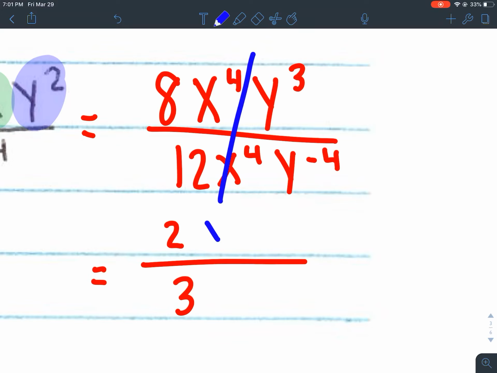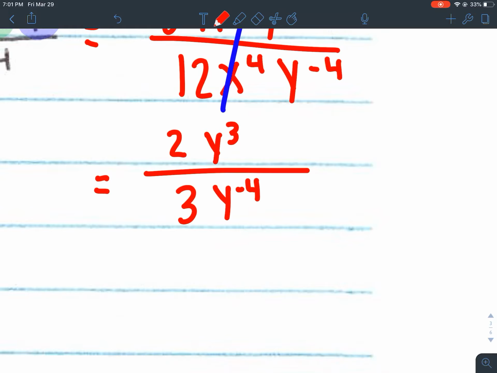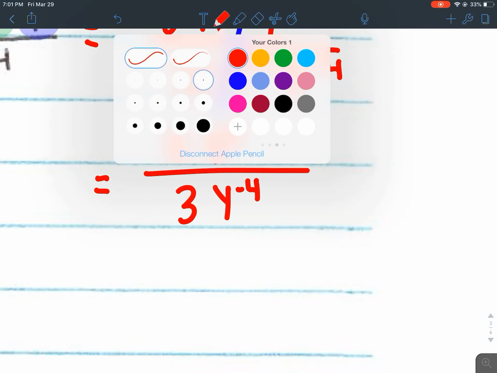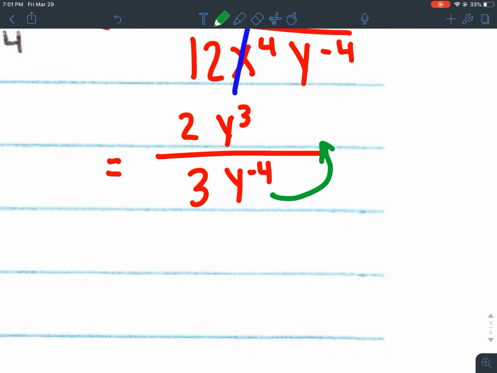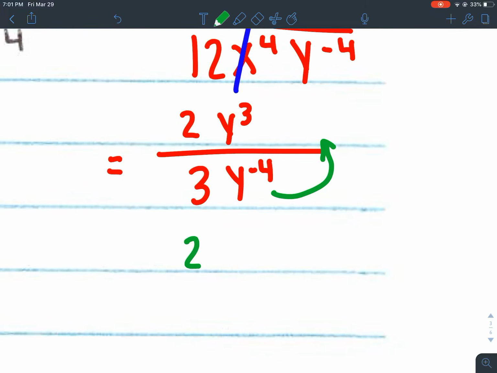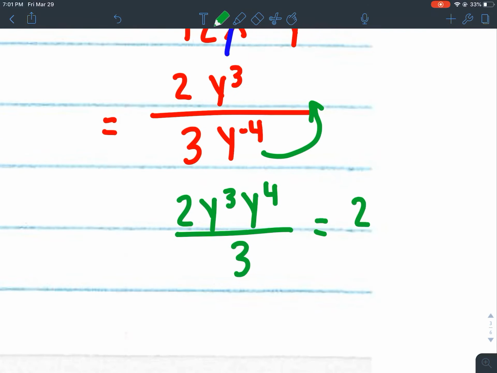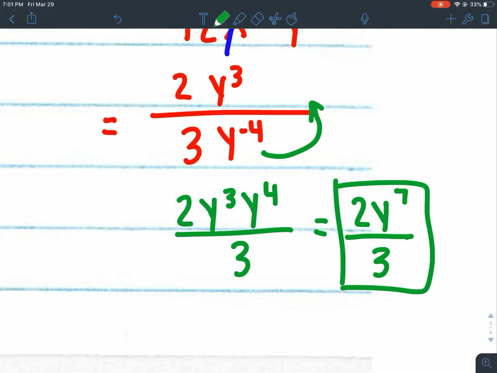I'm going to keep the y cubed in the numerator, but I'm going to move that y to the negative 4 up because it's negative. So in order to make it positive, I need to move it up. So let's do this in green. So I'm going to move it up here. So I have 2y cubed y to the 4th over 3. And that's going to be 2y to the 7th over 3. Okay?